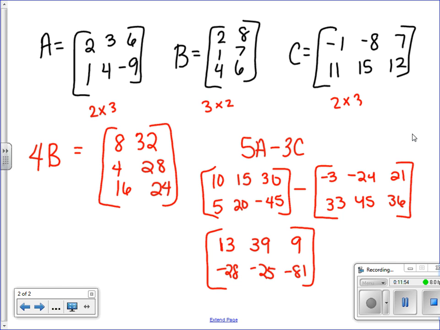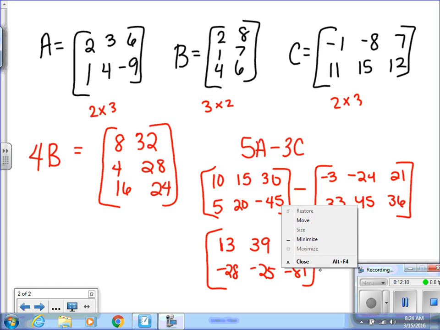I'm going to do matrix multiplication tomorrow, I think. I like those words. Do it tomorrow. Yeah, we'll actually multiply matrices tomorrow.